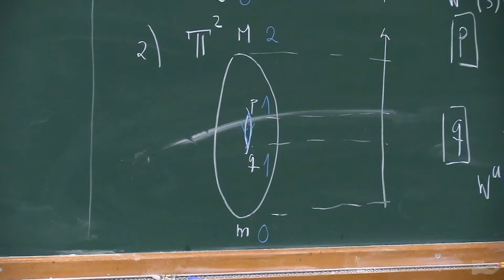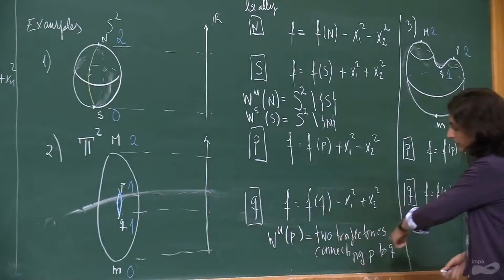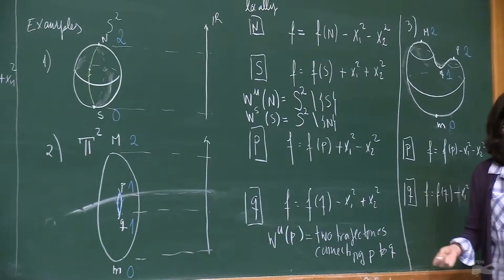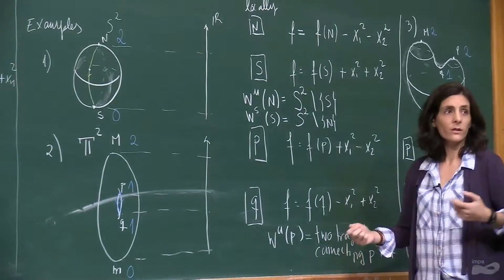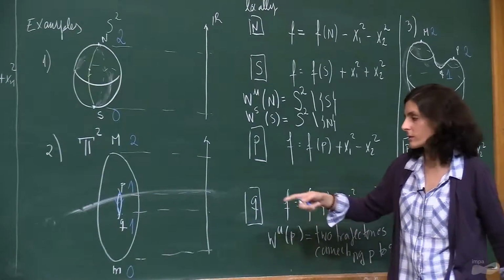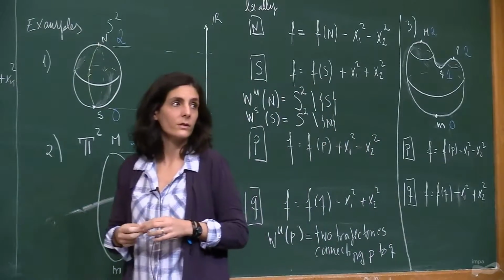And the stable manifold of Q is given by the same two trajectories connecting P to Q. When you do the intersection, you get a one-dimensional thing, so it won't span the whole tangent space of the torus at each of these points. So here the Smale condition is not satisfied.